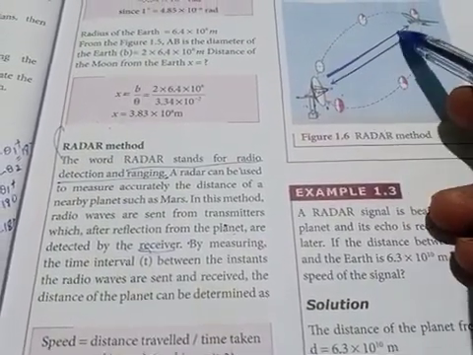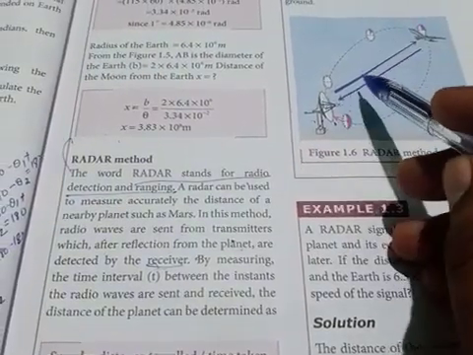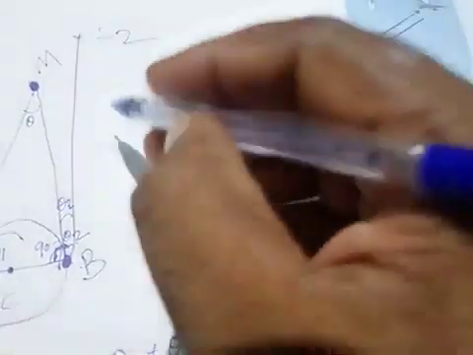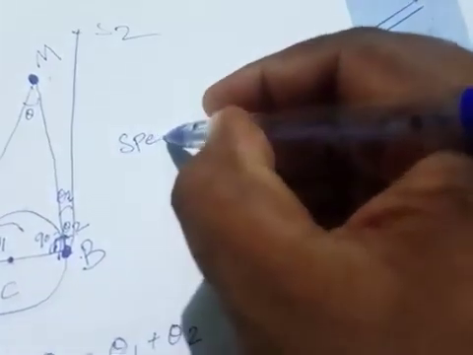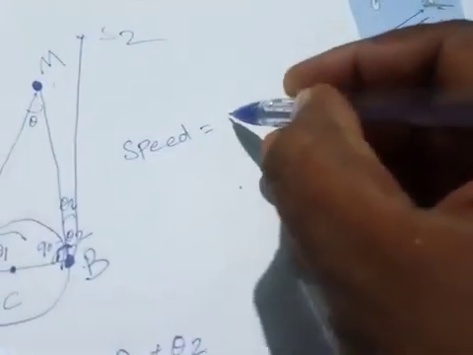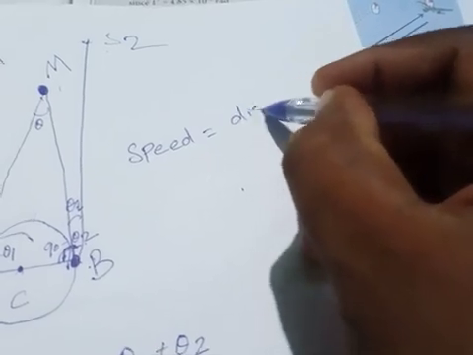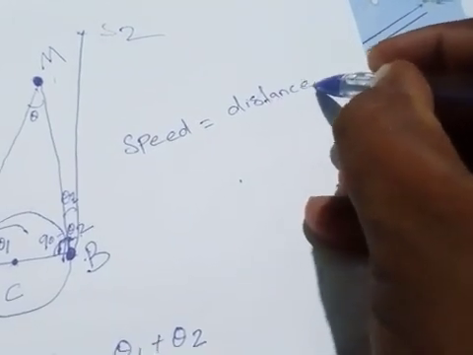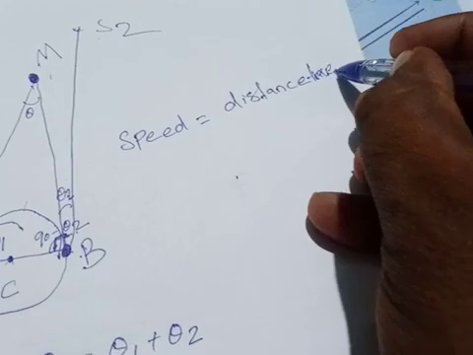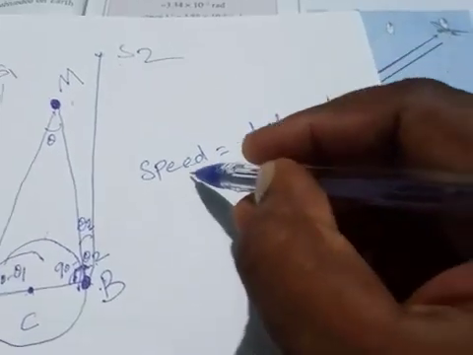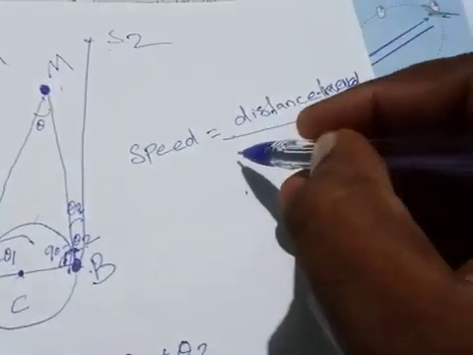So the total time is calculated. Then they are using the formula. We know the basic formula, speed is equal to distance traveled by time taken.